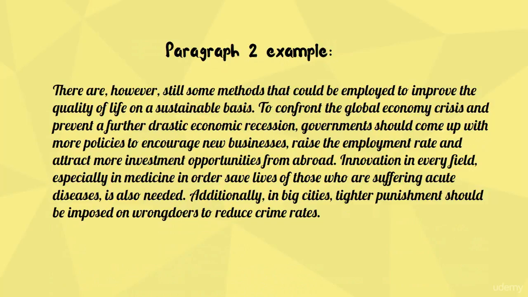Innovation in every field, especially in medicine, in order to save lives of those who are suffering acute diseases, is also needed. Additionally, in big cities, tighter punishment should be imposed on wrongdoers to reduce crime rate.